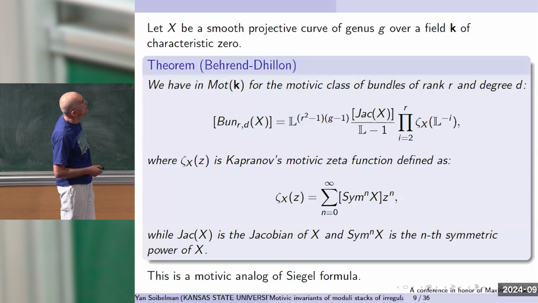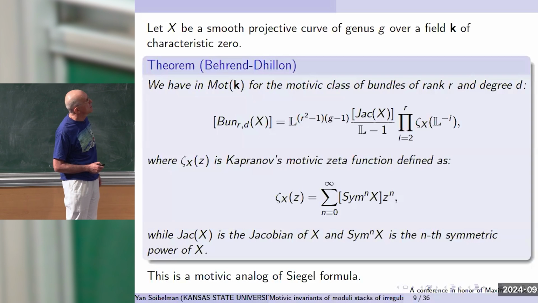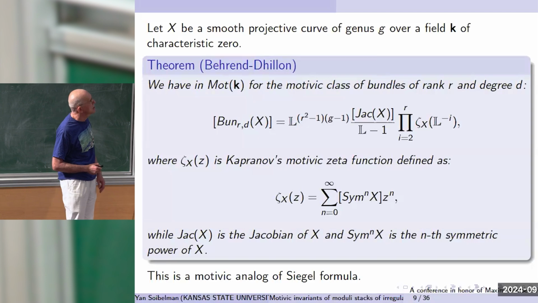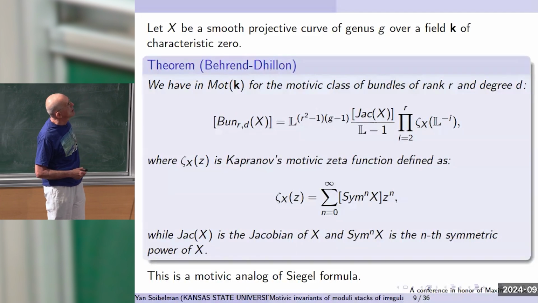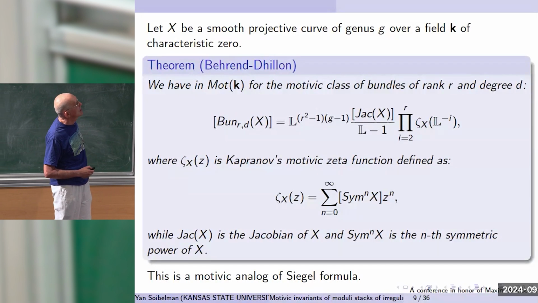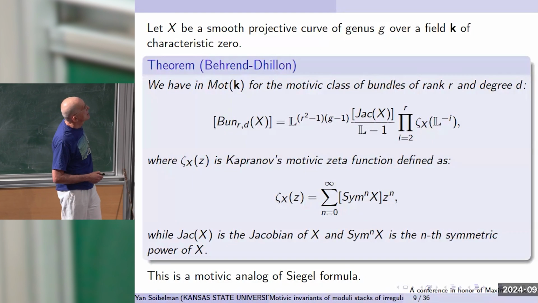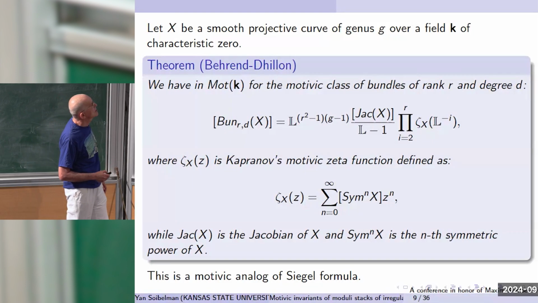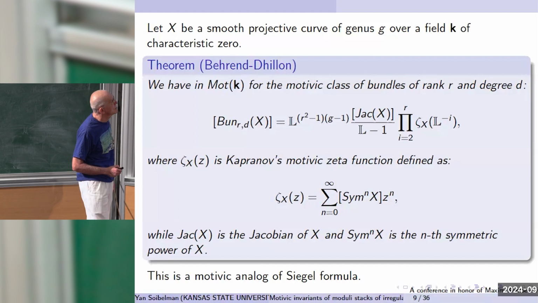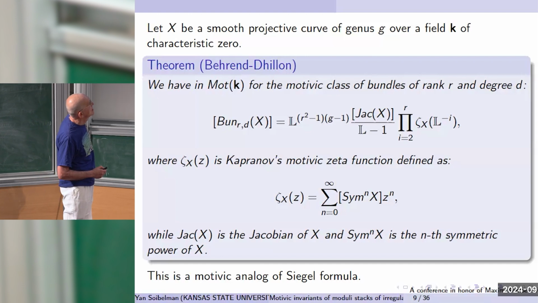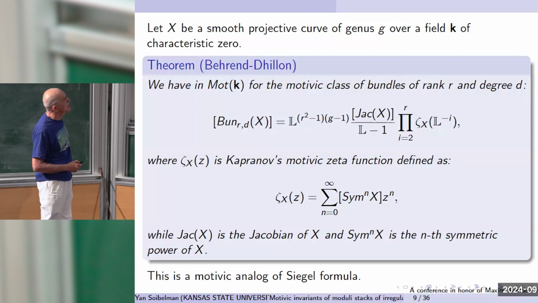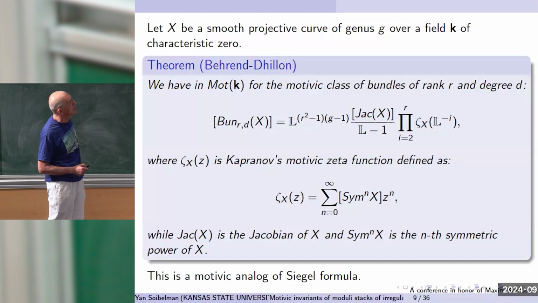They computed the Motivic class of the stack of vector bundles on X, a smooth projective curve, where r is the rank, d is the degree, and the answer is very nice. You see it's a closed answer in terms of the Motivic class of the Jacobian, and the product of shifted Motivic zeta functions introduced by Kapranov long ago.